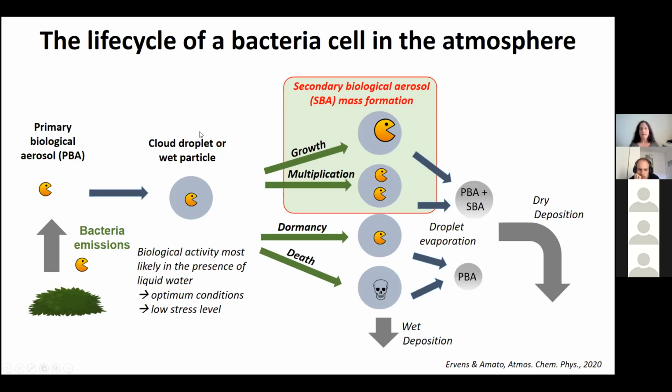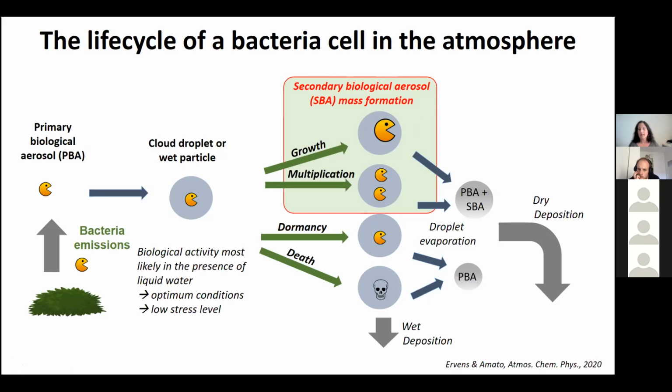While they are in a cloud droplet, several things can happen to them. They can either grow or multiply, or they can be dormant, so nothing happens to them but they're still alive, or they can die. No matter what happens to them, cloud droplets will evaporate, and eventually these particles will be deposited to the surface. But for us the question was, how much can they actually grow?